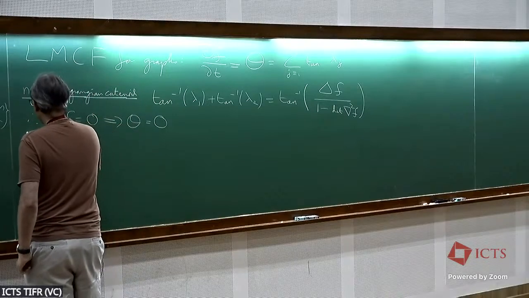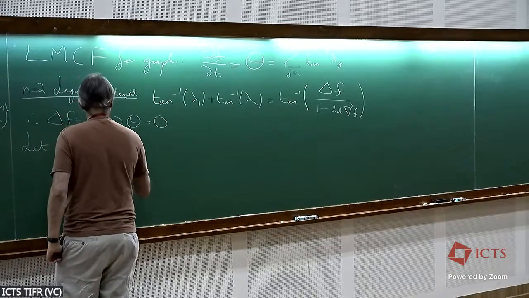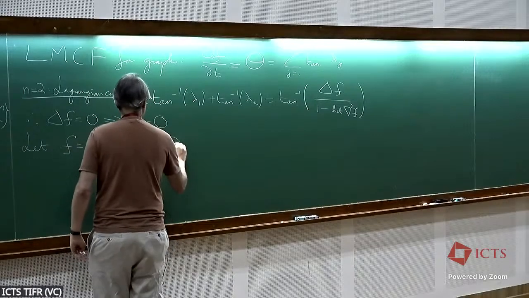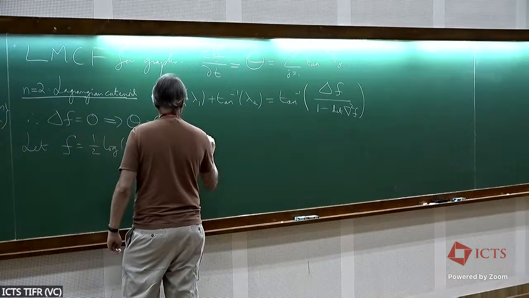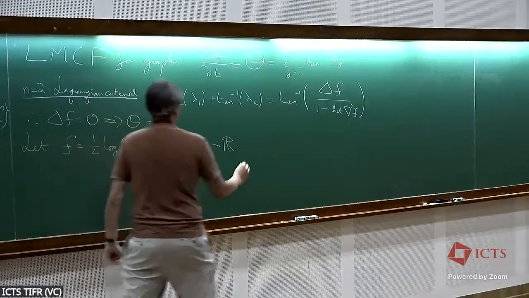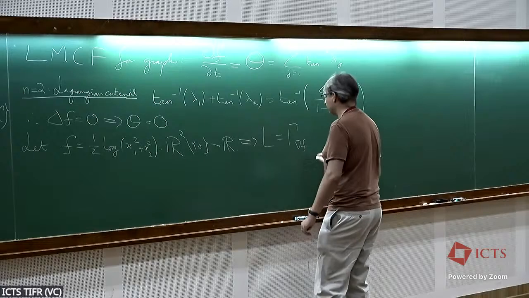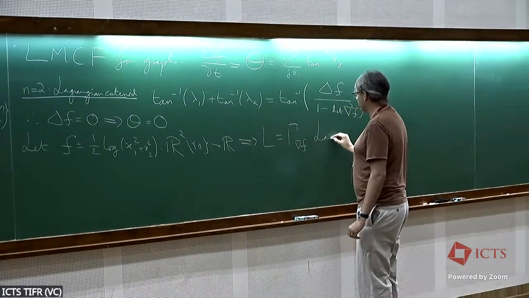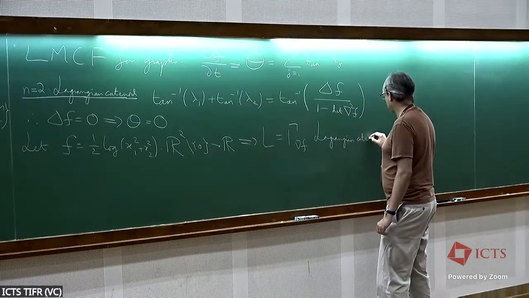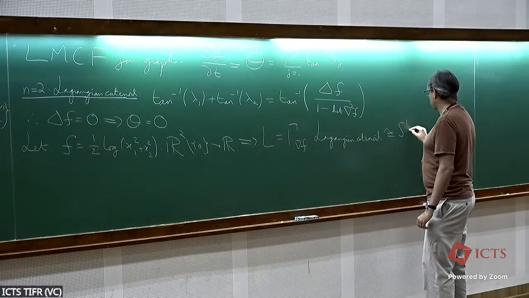So I'm going to let f be a half log of x1 squared plus x2 squared, which is of course not defined on all of R2, but it's defined on R2 minus the origin. And then L, which is the graph of the gradient of f, is the Lagrangian catenoid. So it's, of course, R2 minus the origin.